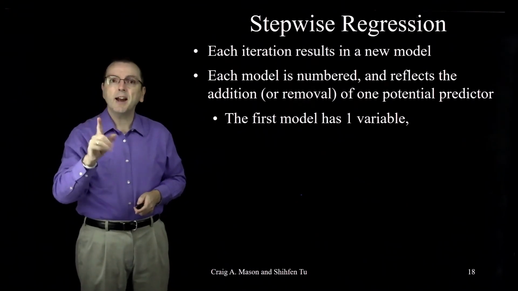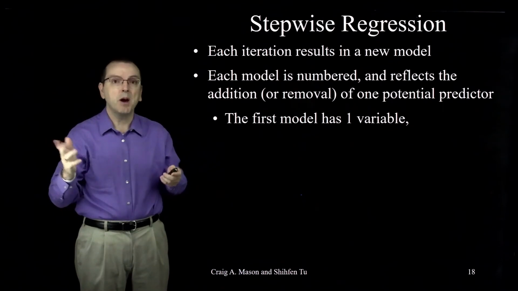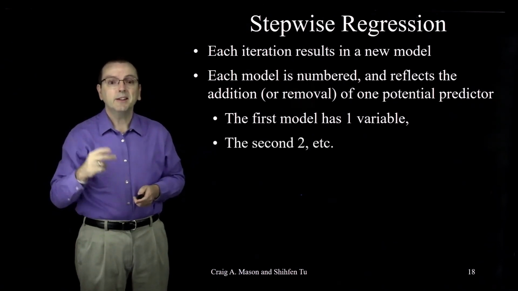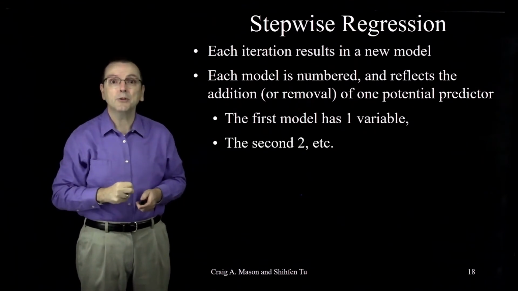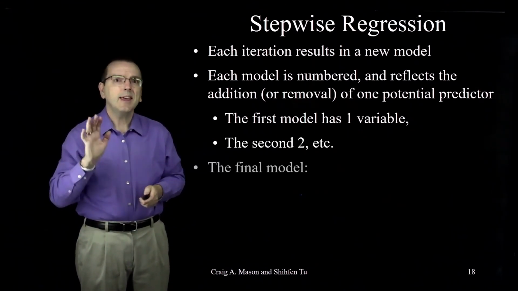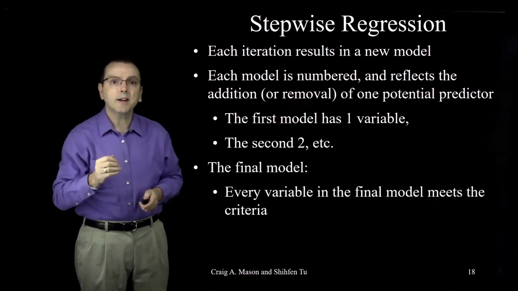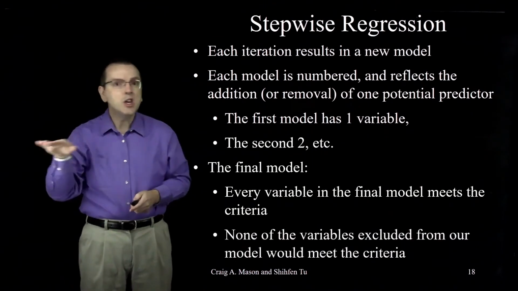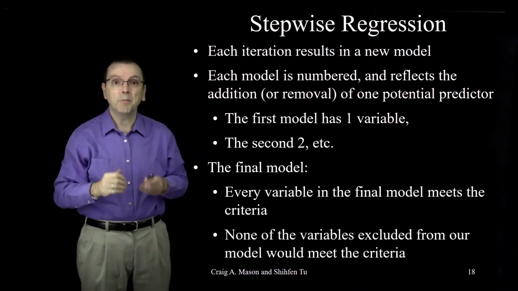So the first analysis with one variable in the model will be model 1. And the second analysis with 2 variables will be model 2, and so on and so on. In the end, every variable in our final model will meet our criteria, and none of the variables that are not in our final model will meet the criteria.